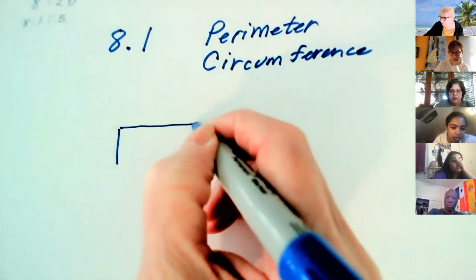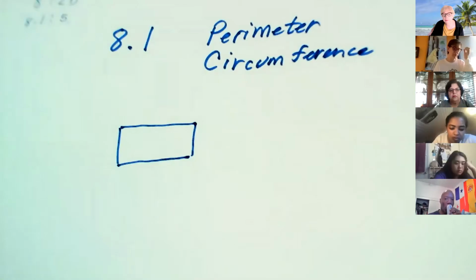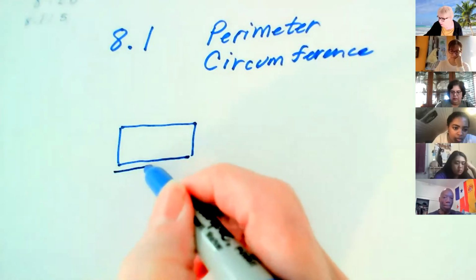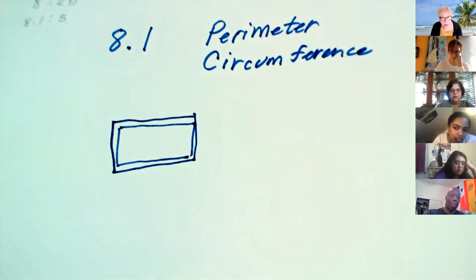So just to have a silly little example, if you had a rectangle, what you're trying to do with perimeter is to measure the outside edge.